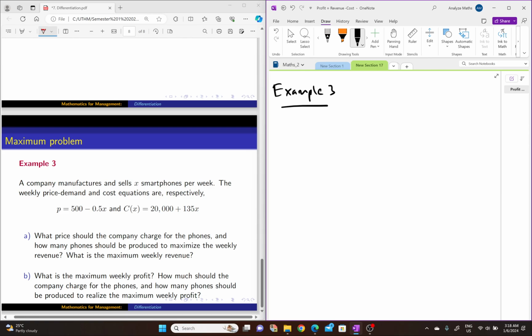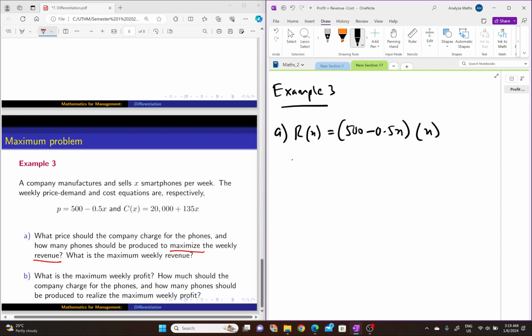Now what price should the company charge for the phone and how many phones maximize the weekly revenue? So this is the revenue function. What is revenue? Price times demand.